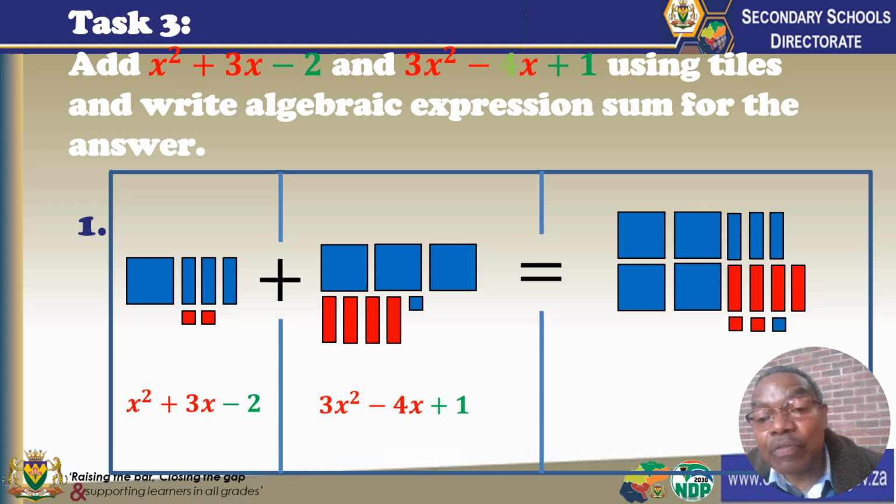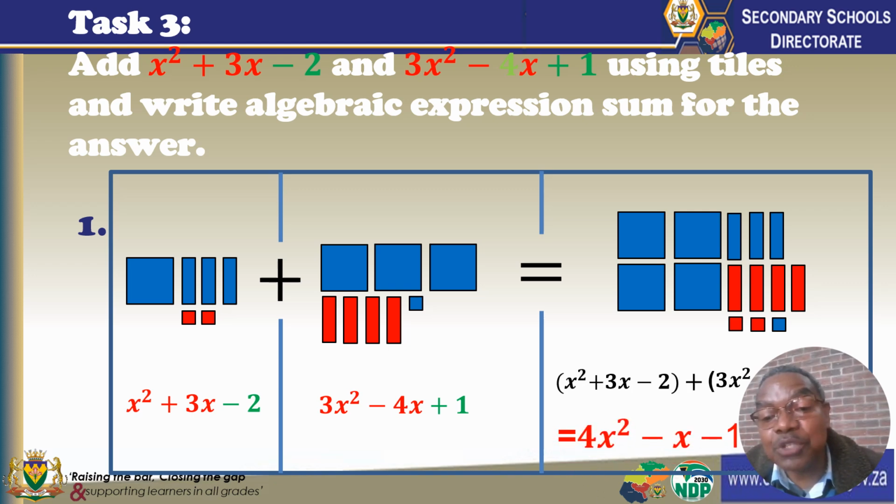Then blue and red give us 0, blue and red 0, blue and red give us 0. So for the boxes, we have 1, 2, 3, 4 of x squared. Then we are left with negative x. Then also we are left with negative 1 for the square units. So this is our result: 4x squared minus x minus 1.